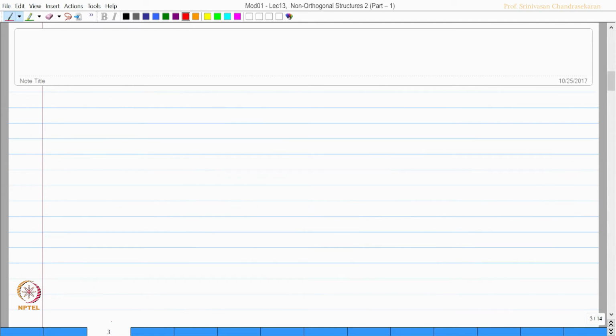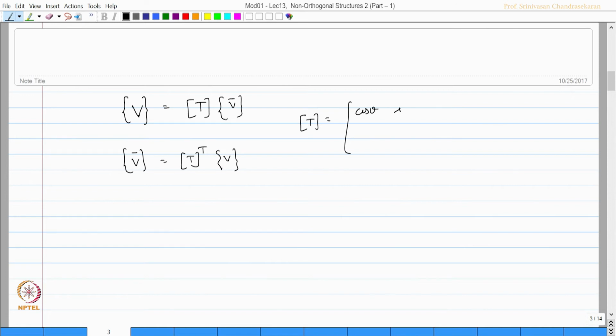So, we have two relationships now, which is simply V is equal to the transformation matrix into V bar, or V bar is transformation matrix transpose into V, where the transformation matrix is given by cos theta, sin theta, minus sin theta and cos theta, where theta is the angle between the two axes measured in a specific style. I will come to that point.